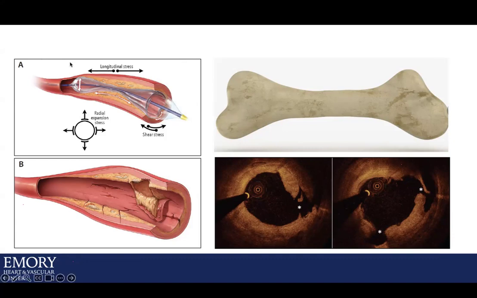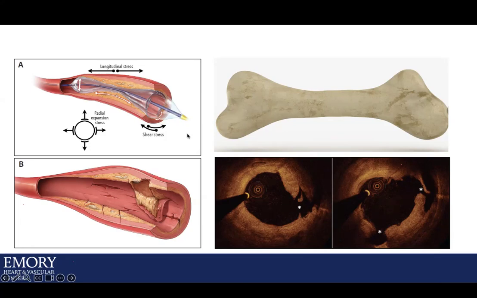And that is what we call dog boning. And this dog boning phenomenon can cause dissections at the edge of the lesions, and even in segments that were healthy before. And you can see here in OCT these dissection planes that we have caused by ballooning.